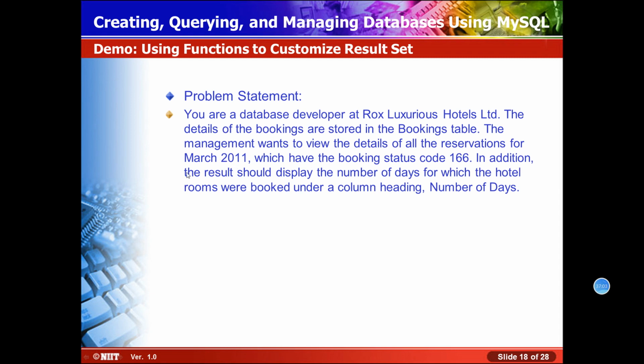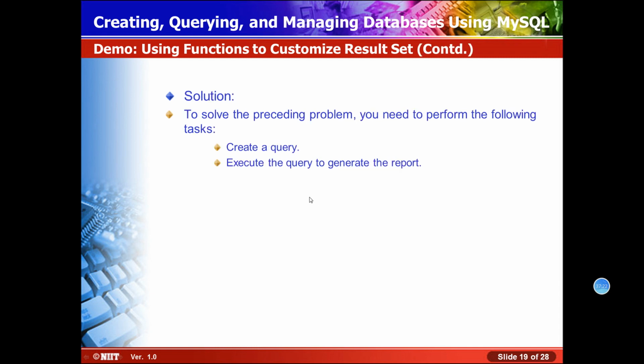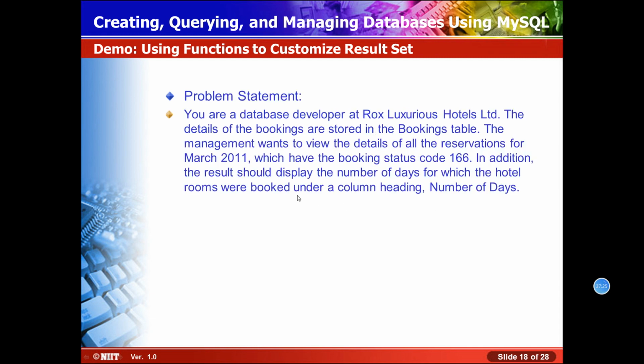In addition, the results should display the number of days for which the hotel rooms were booked under a column heading number of days. So you need to display this as a column name. Okay, temporary column name should be number of days. So please do this and show me the output in the group, okay, for this assignment.